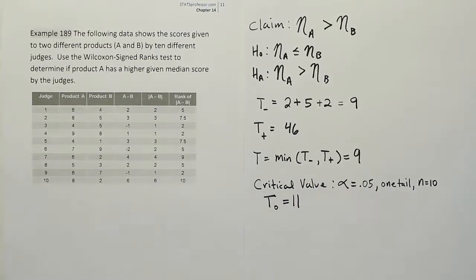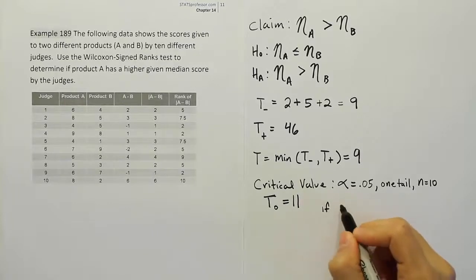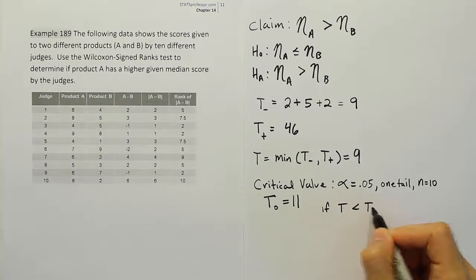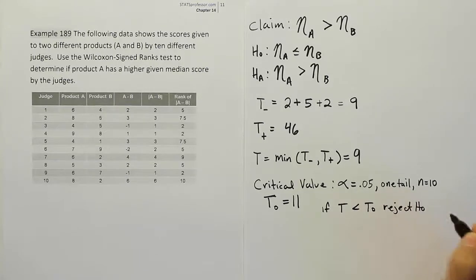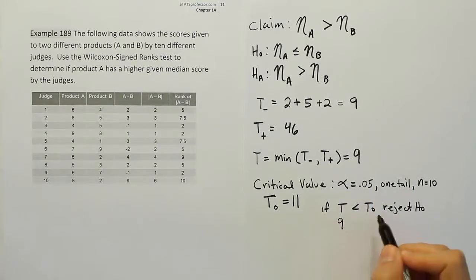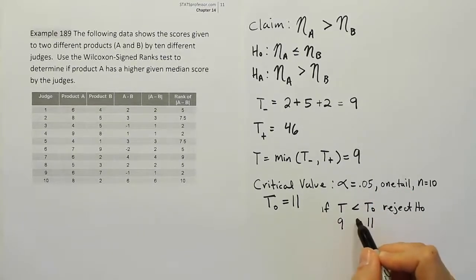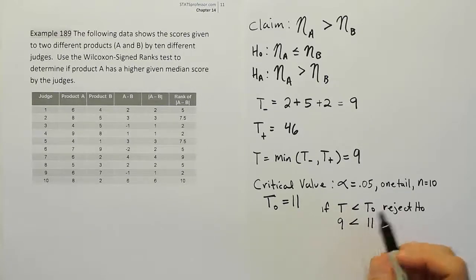All right, now that we have that value, we're going to compare it against our test stat. And remember the rule, if T is less than T0, we're going to reject H0. Otherwise, we do not reject H0. And in this scenario, I think that's true, right? We can see that T is only 9, while T0 is 11. So since it's less than, we're basically able to reject. And it's actually less than or equal to. Sorry if I just put less than.